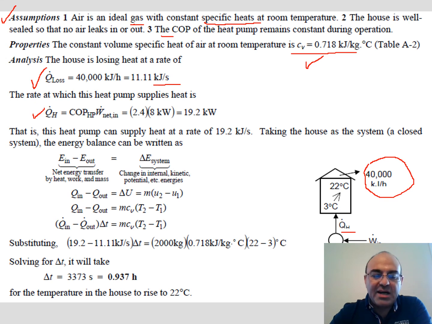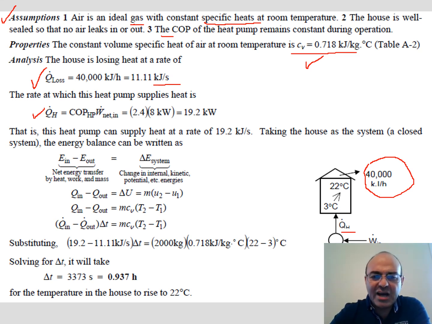However, 11.11 kilowatts of this heat is actually wasted. So 19.2 is given to the house, 11.11 per second is just missing because of the heat loss to the surrounding.